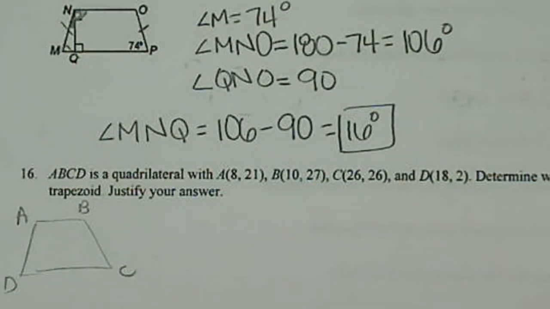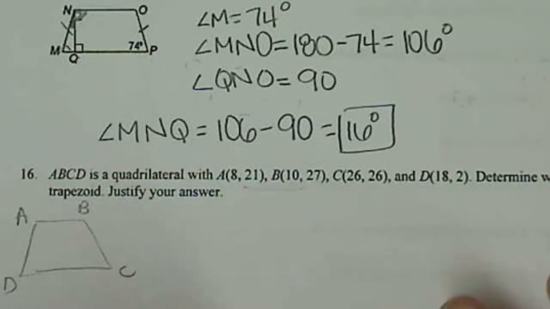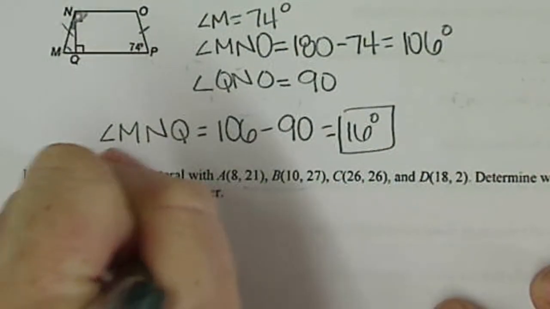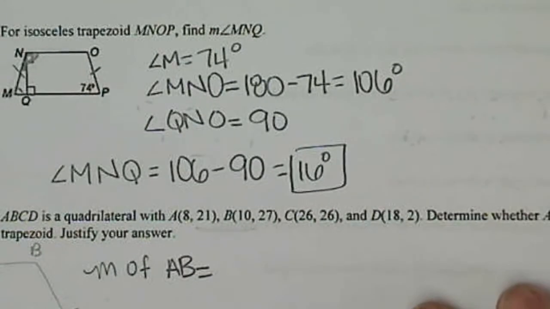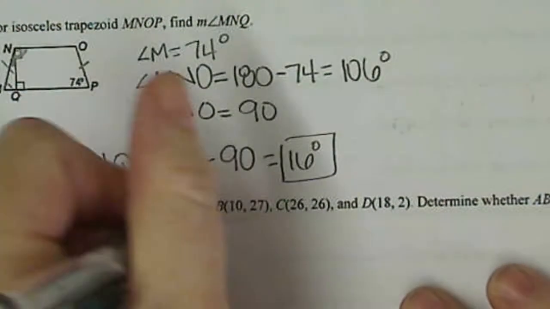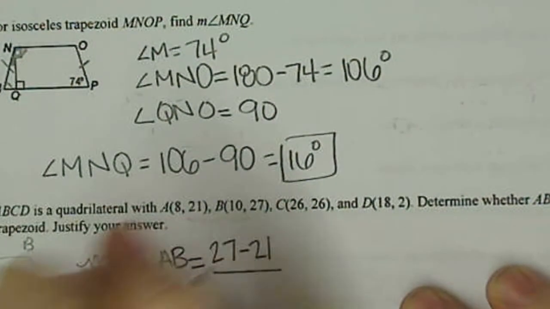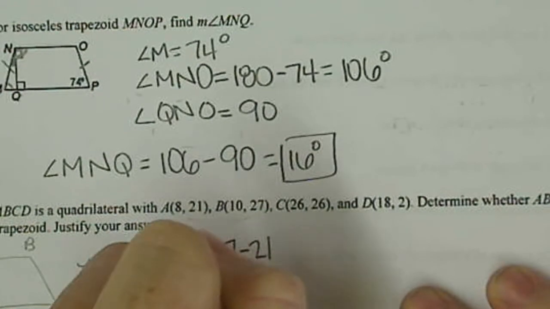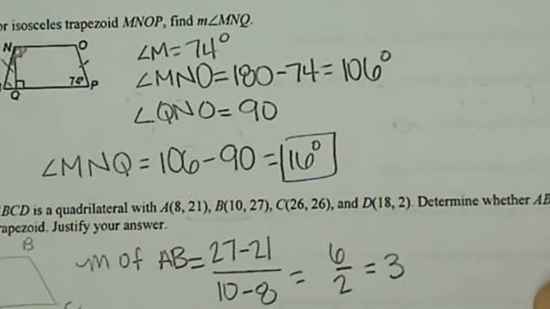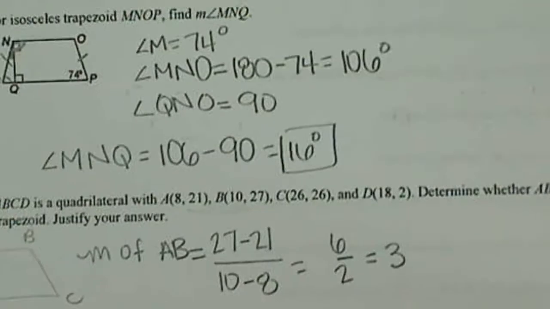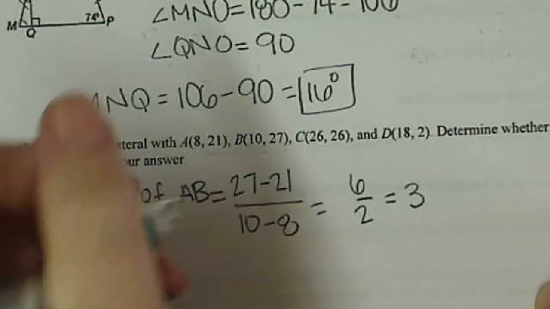So let's find the slope of AB. So remember, that's change in Y, change in X. Okay, so there's that one. We want to see if CD is also 3.